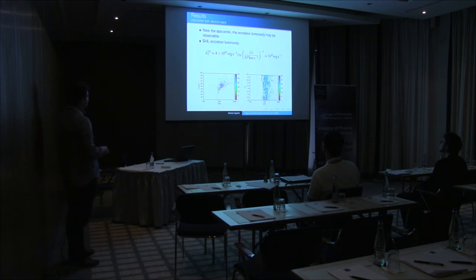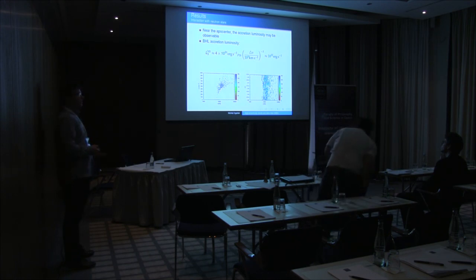And here is the distribution of relative velocities of these interacting neutron stars for apocenter, where relative velocities are actually quite small, and if we compute the Bondi-Hoyle-Littleton accretion luminosity, it is about 10^32 ergs per second, so it is close to the Chandra detection limit actually.